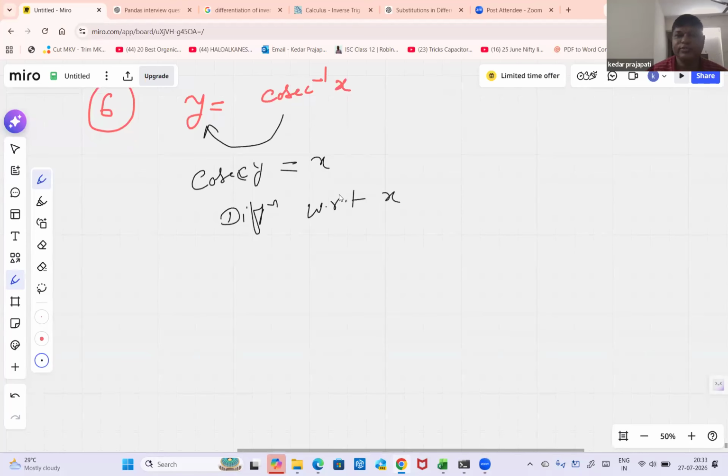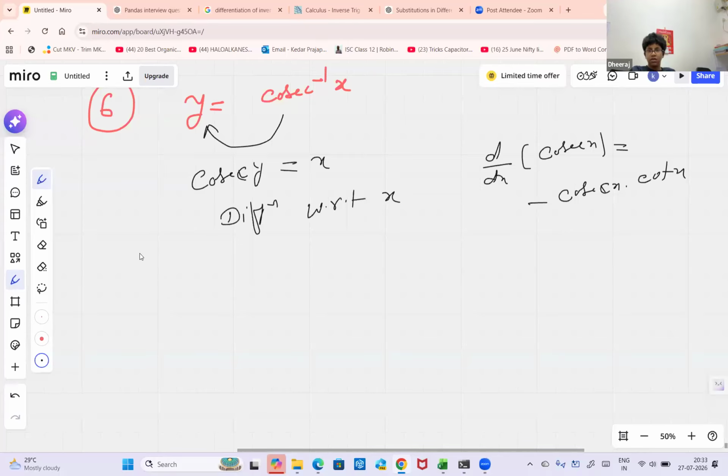What is the differentiation of cosecant x? This is minus cosecant x into cot x, correct? Are you understanding this?